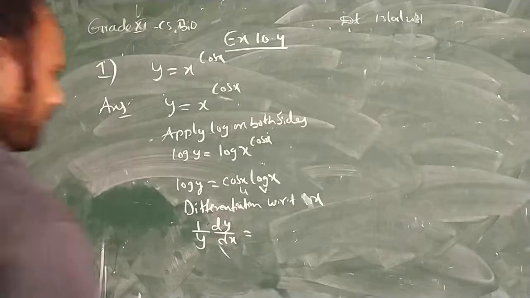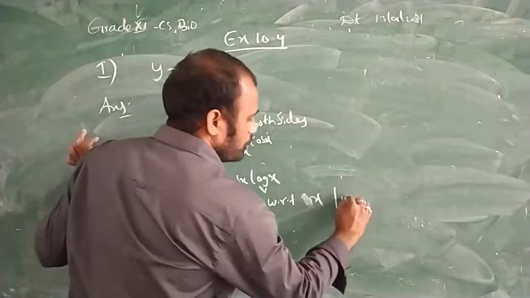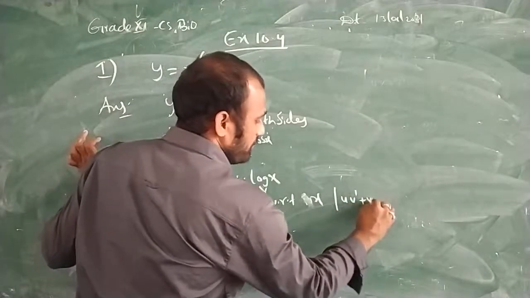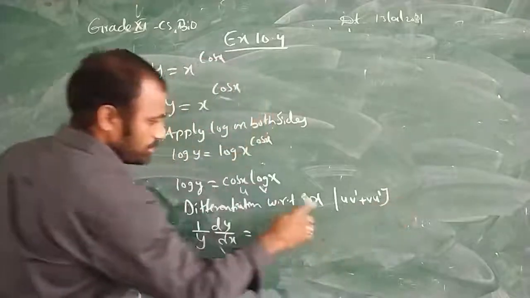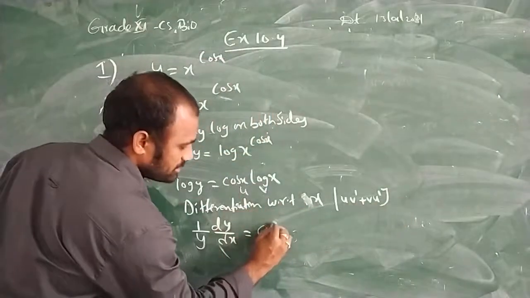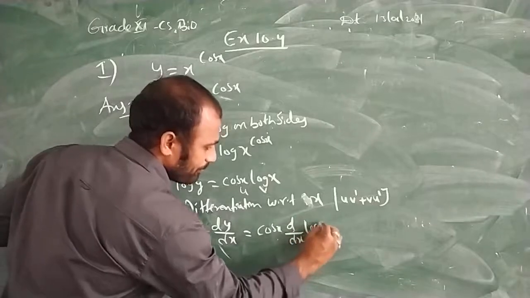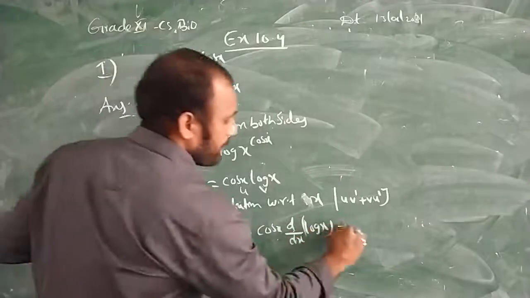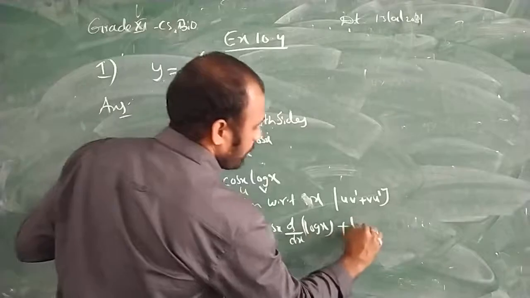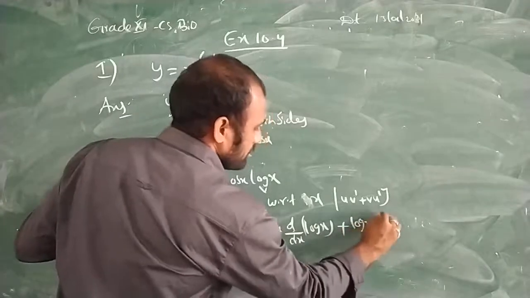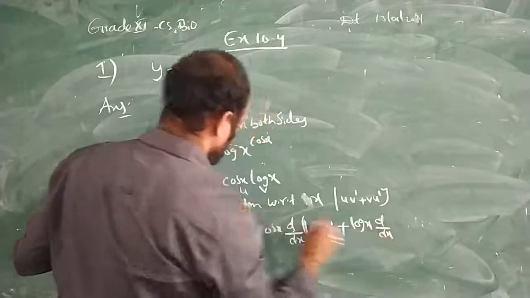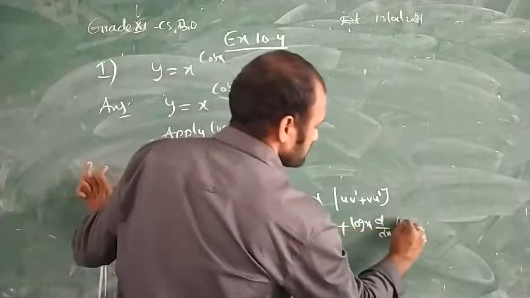So the product rule will be given as uv dash plus vu dash. So first function I will use cos x, d by dx of log x, plus second function log x as it is, d by dx of cos x.